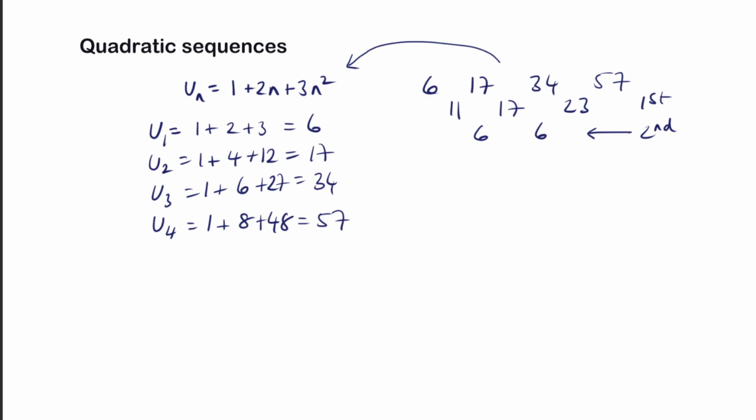Okay, so the first method I'm going to show you, method 1. If you think about it, the formula could have some numbers, some n's, and some n squareds. So let's say the number is a, the number of n's we've got is b, and the number of n squareds we've got is c. So the formula looks something like that.